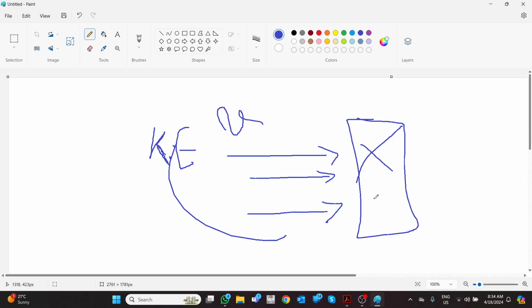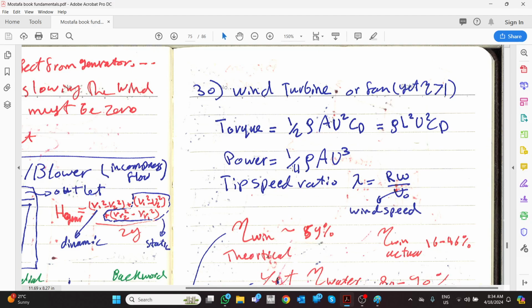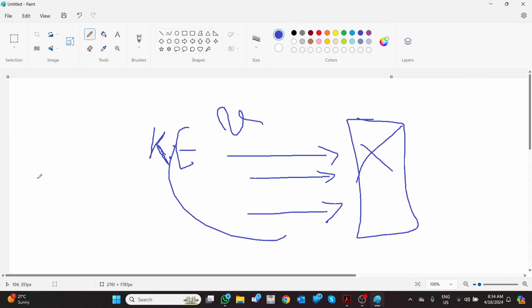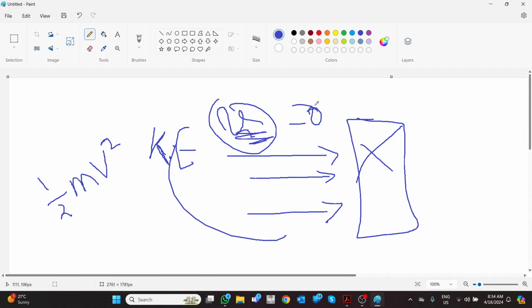So the first question you ask yourself is, what is my kinetic energy? Your kinetic energy is half m v squared, which assumes that the entire velocity has become 0. Theoretically it's not correct, but it will be like this.